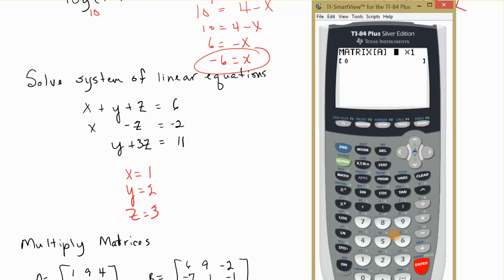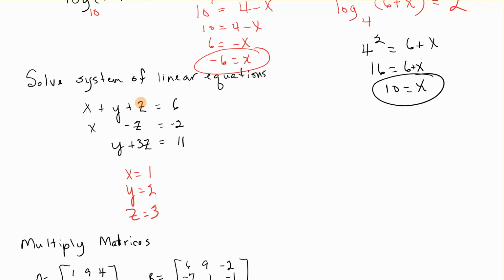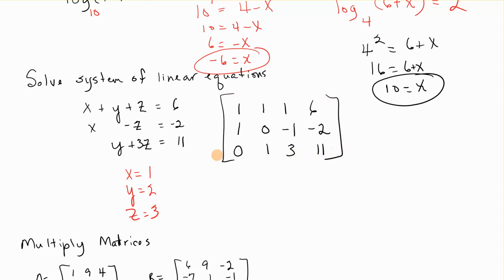Before we put it in, if we wanted to turn this into a matrix, this would be 1, 1, 1, taking the coefficients, a 6. 1, a 0, a negative 1, a negative 2. No x's, so 0, 1, 3, and 11. So this would be my matrix. That's 3 rows by 4 columns.